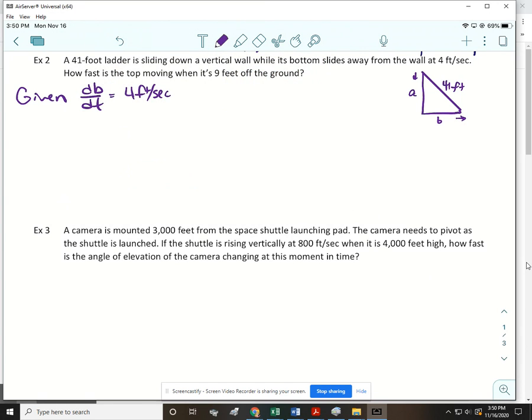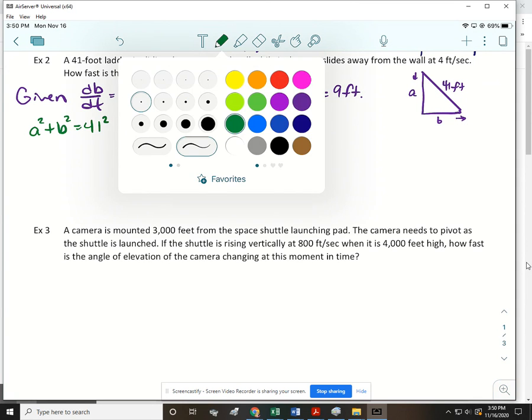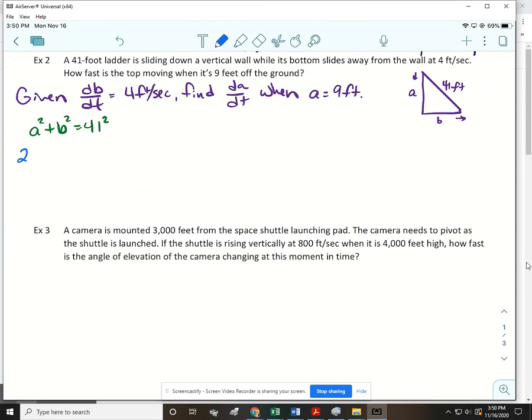All right, what we're going to find is dA/dt when the top is 9 feet off the ground, so A equals 9 feet. This is the Pythagorean Theorem. I don't care what 41 squared is, because I know it's a constant, and when I find the derivative of that, it's going to be 0.